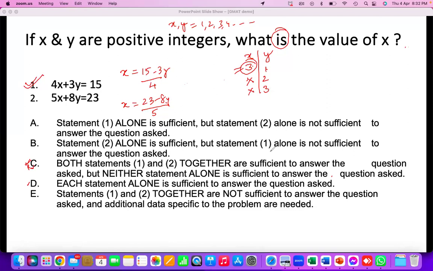Going forward, all the values are going to be negative, right? So using the second statement again, we get the unique answer x equal to 3. So each statement alone is sufficient, and that's why the answer is D. Clear? Yes. Got it. So this is how you get it.